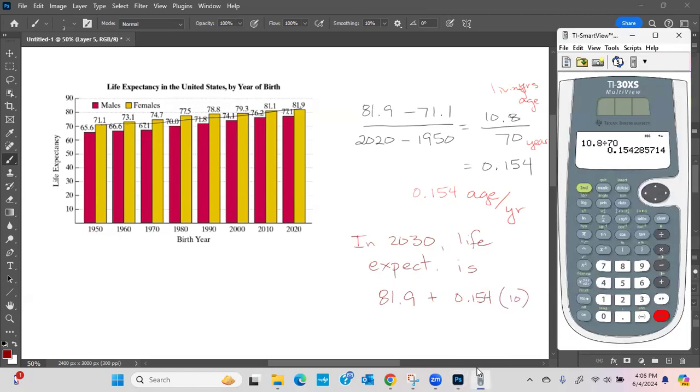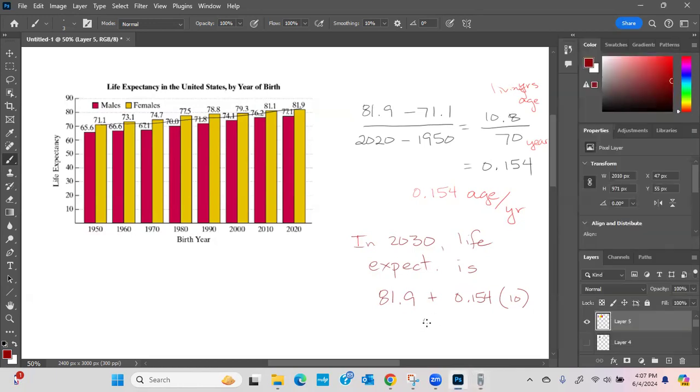So if I take that calculator again, 81.9, I'm going to add to that 0.154 times 10. And I get 83.44. So that's the life expectancy of a female who was born in 2030.